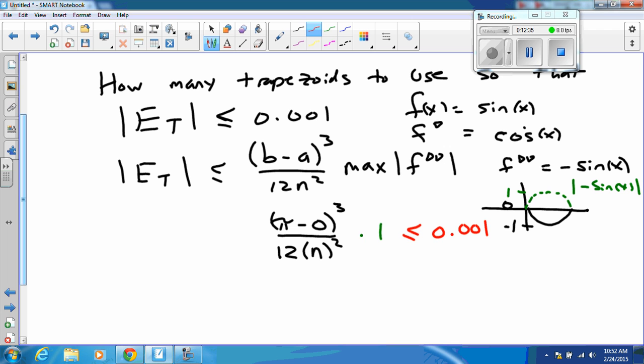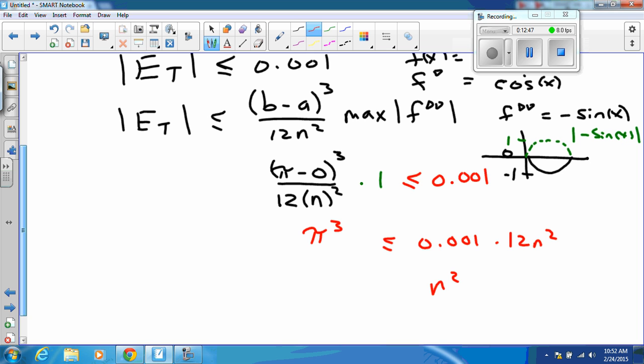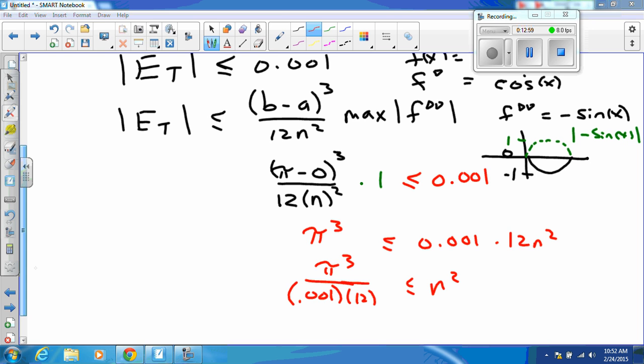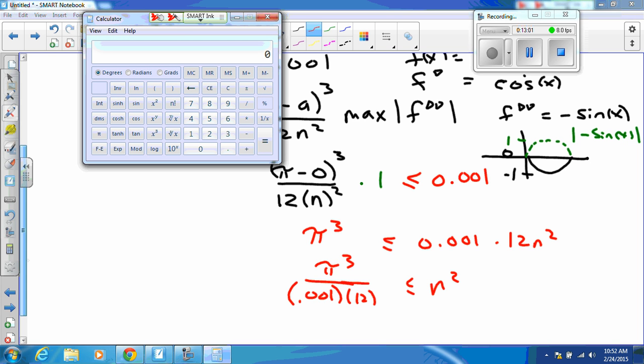Well, now, this gives me an inequality that I can solve pretty easily for n, simply by clearing the fractions. What I get is pi cubed is less than or equal to 0.001 times 12n squared. In other words, n squared is greater than or equal to pi cubed over 0.001 times 12.